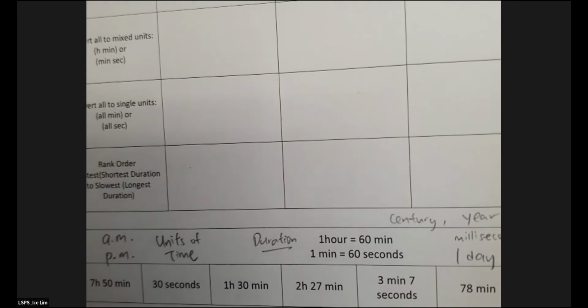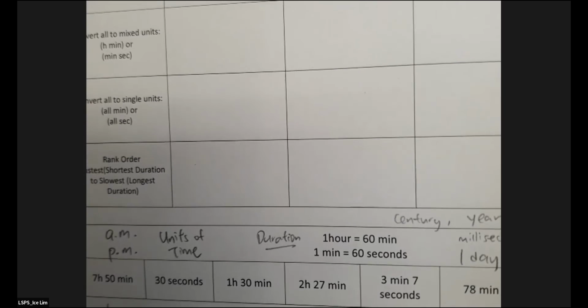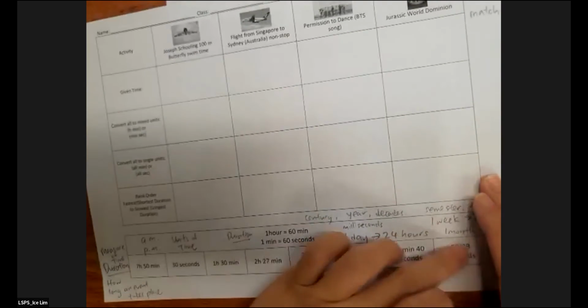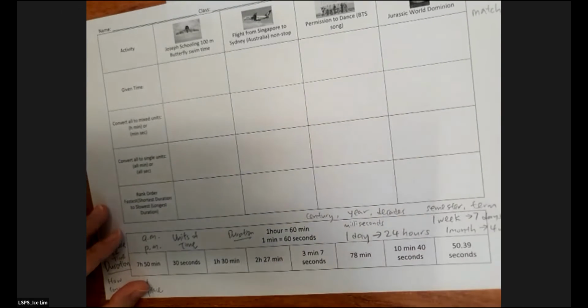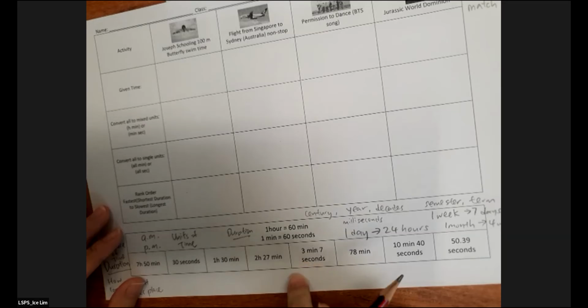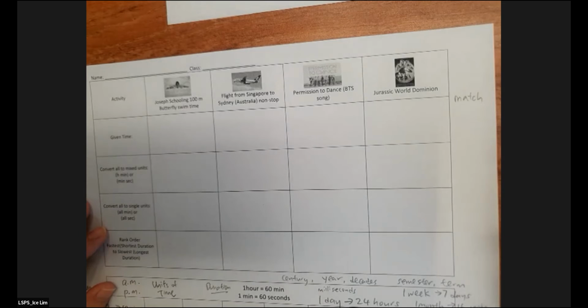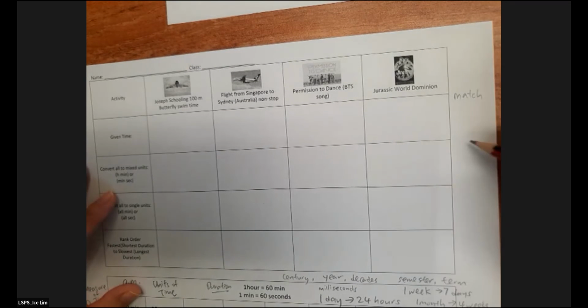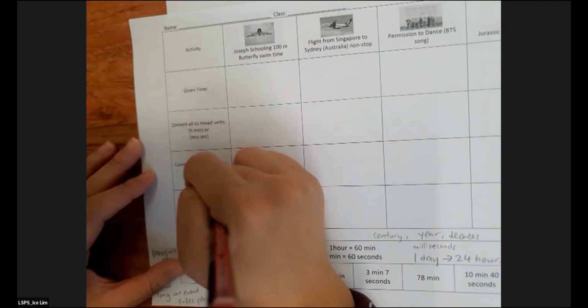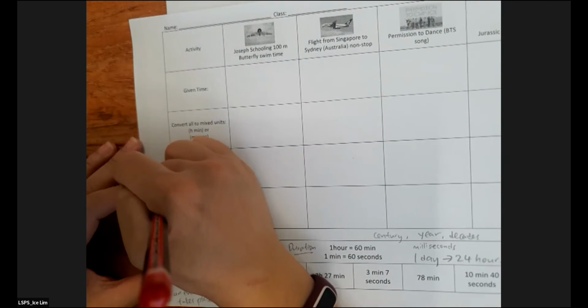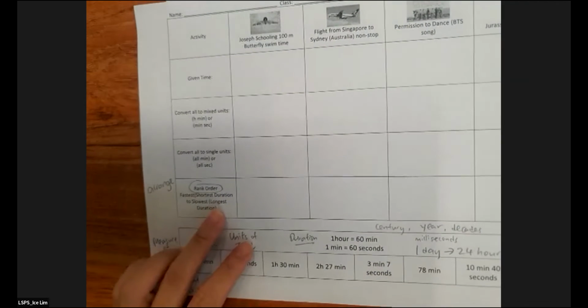Okay. So with that said, today's focus is understanding the units of measure with regards to duration. So that's the first part. Yesterday's activity required us to match, sort and arrange. We arranged according to rank order, in order of fastest to slowest.